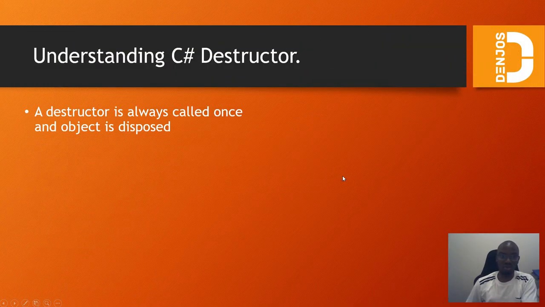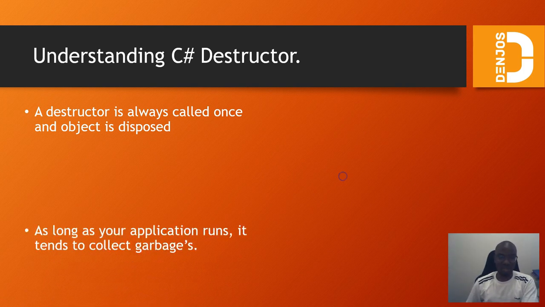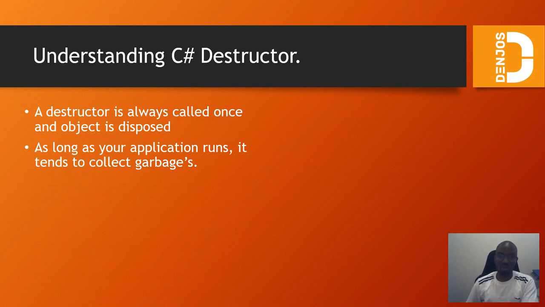Understanding the C# destructor. A destructor is always called once an object is disposed. As long as your application runs, it tends to collect garbage, and this garbage has to be disposed. Your project itself reserves RAM, it reserves memory as long as it runs, so it stores all of this garbage there.